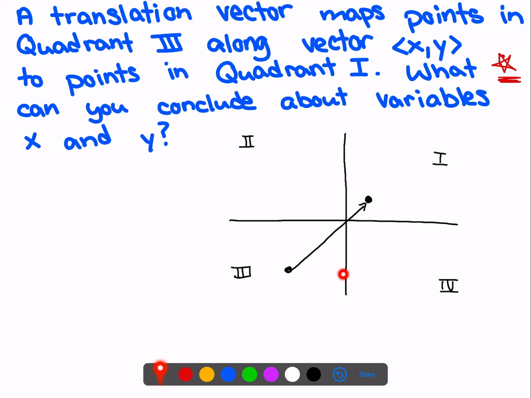So my x values are going to the right, which means that x is positive. x must be positive because I'm going in this direction. As for my y's, well, I'm going to quadrant 1, so my y's need to go up in value, so they also must be positive. If they're negative, then I'm going downward to quadrant 4, right? But if they're positive, then I would be going upward towards quadrant 1.